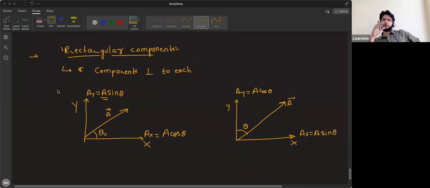So in resolution, just remember the direction with which theta is given will have the cos theta component, and the perpendicular direction will have the sine theta component. That's it.